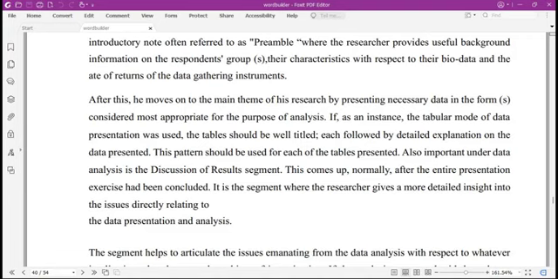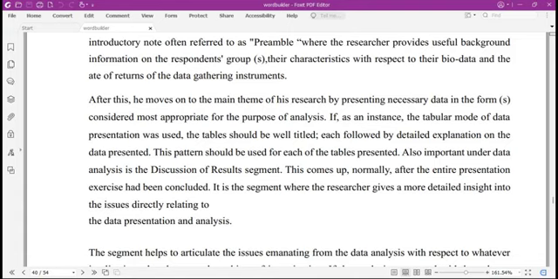So the title will be a kind of guide to what is expected from the table. When you give the title of the table, you give a detailed explanation of the data you're presenting on the table. All this will help to understand your presentation better.